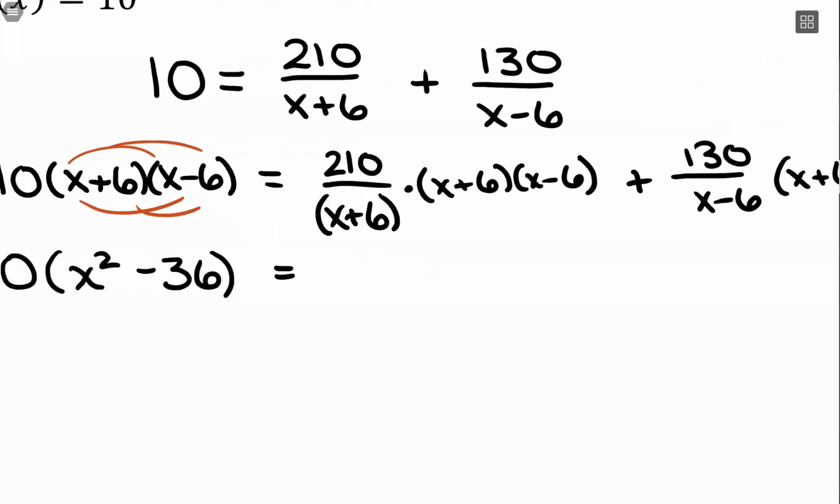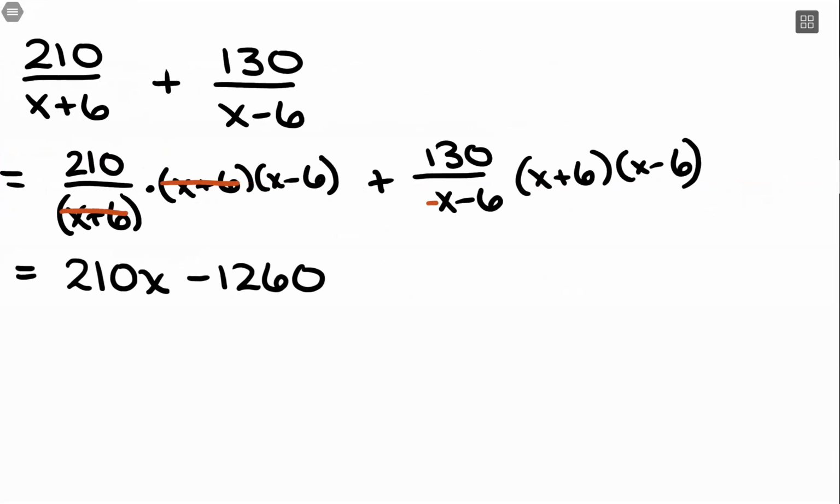On the right-hand side here, those x plus 6 values will cancel out, so we'll have 210 times x and 210 times the negative 6 in there, so negative 1260. And then over here, the x minus 6 will cancel, so we'll have 130 times x plus 130 times 6, which is 780.